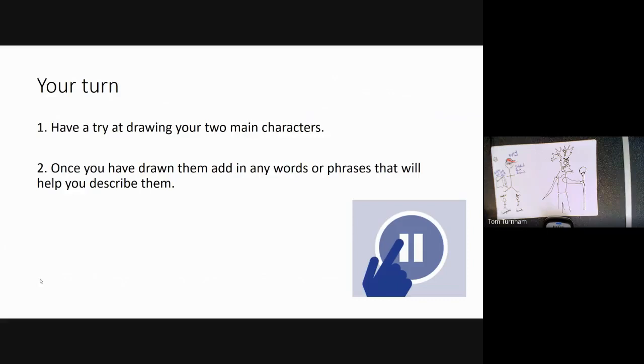So I've got my bad character. I'm going to add some descriptions. So they're going to have wild hair. It's going to have a bolt of silver. A magic staff. I'm going to call it a staff. And actually, that's going to mean that my character is often hunched over.